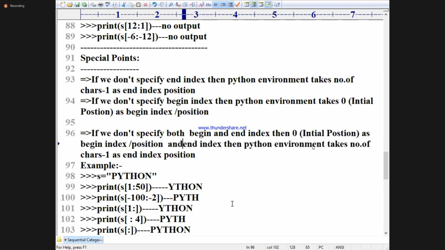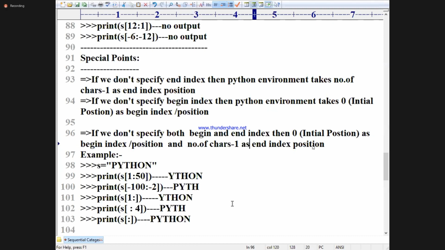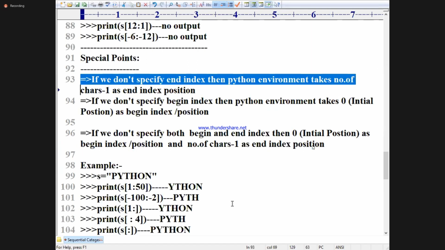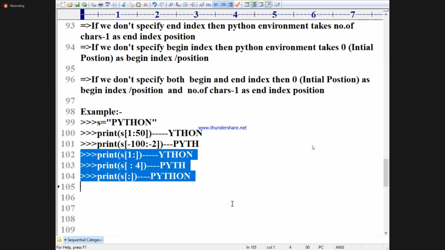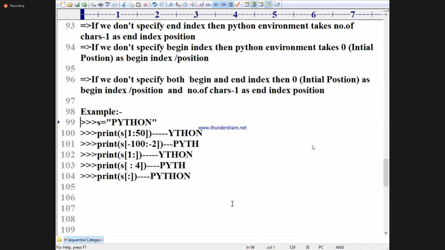And the total number of characters as the end index. These are the very, very special important points, and very frequently you will come across this type of question. Will you get any exceptions? We never get it. And here, if I specify a range which is beyond our diagram, it will be taken as total number of characters minus 1. Here also, the negative index starting point will be taken.